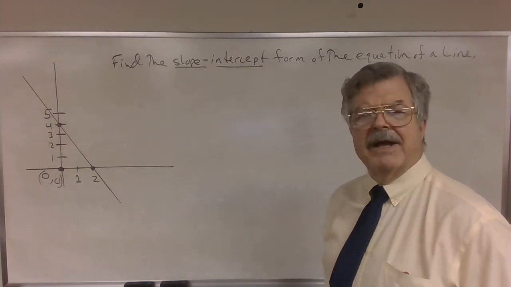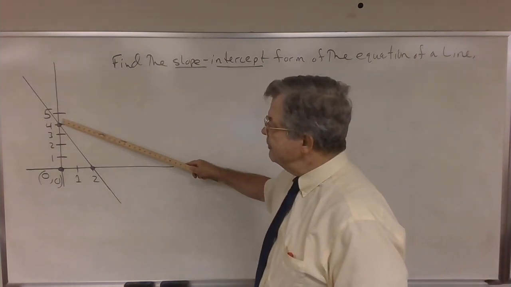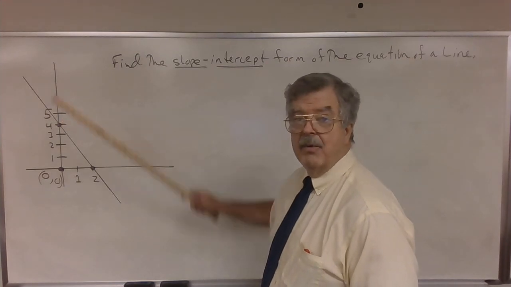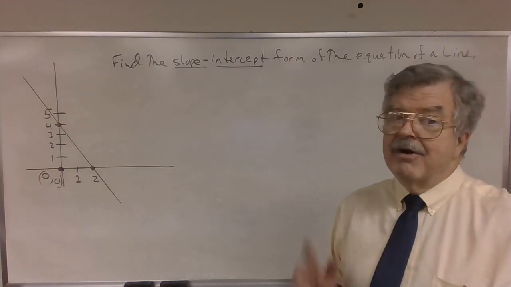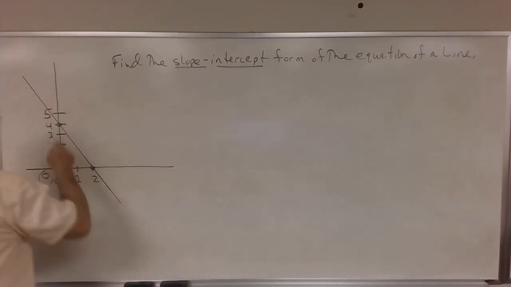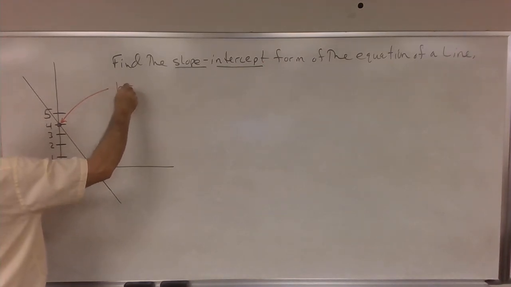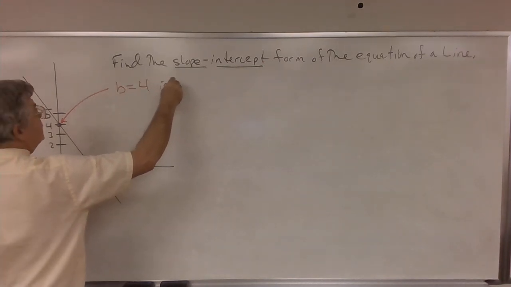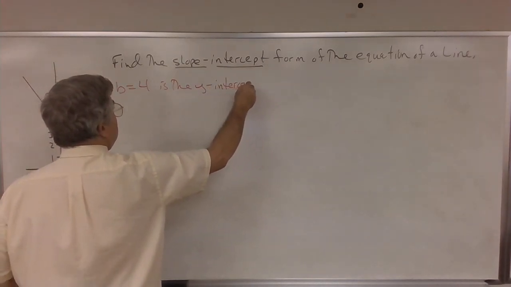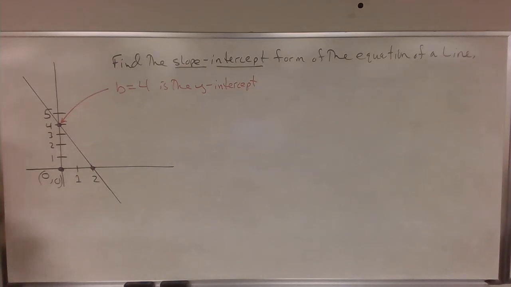And I'll tell you what I noticed right off the bat. I noticed that where this line crosses the y-axis is at y equal 4. So 4 is the y-intercept. I noticed that right off the bat. So the y-intercept b equals 4.